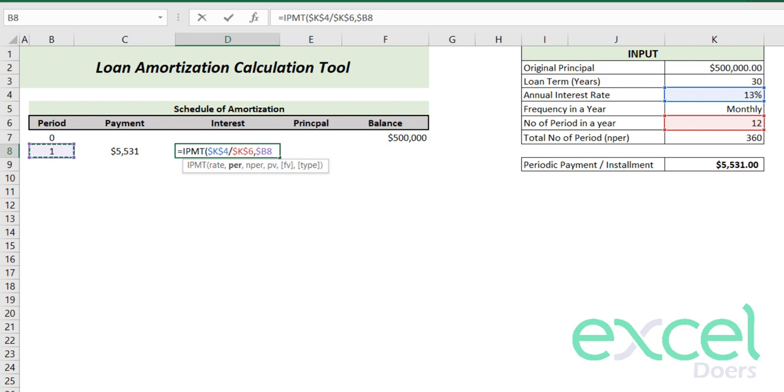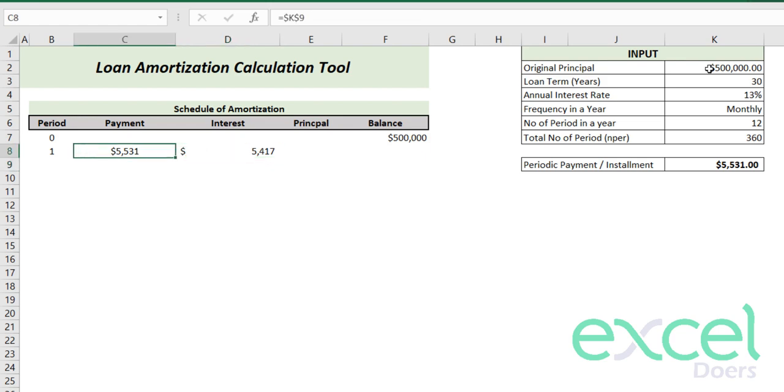I will simply freeze the B8. And how many number of periods are there? So there are total 360 periods. Okay, how much loan did I take? I have taken this loan, right? And I will close the bracket and enter. Okay, so this money is going to be my interest payment.